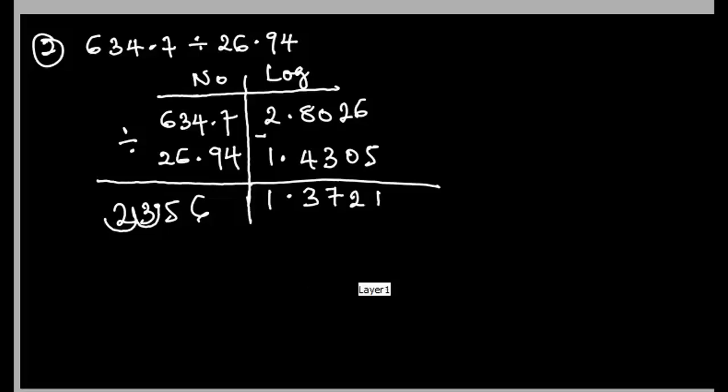So therefore, our answer becomes 23.56. This gives us the value of our anti-logarithm as 23.56.